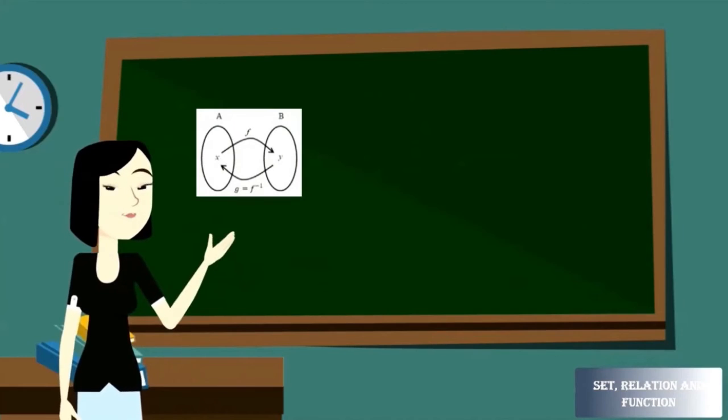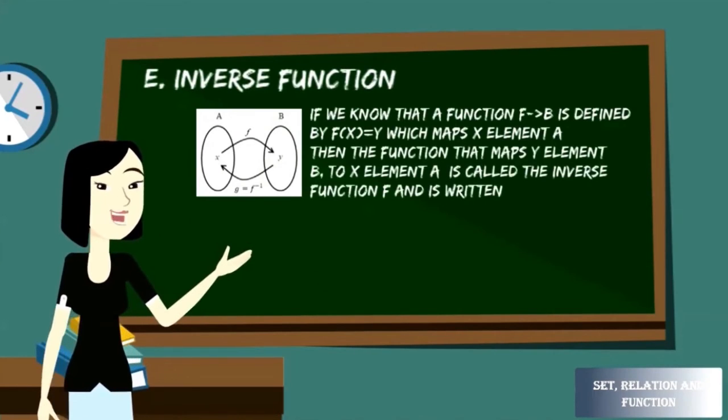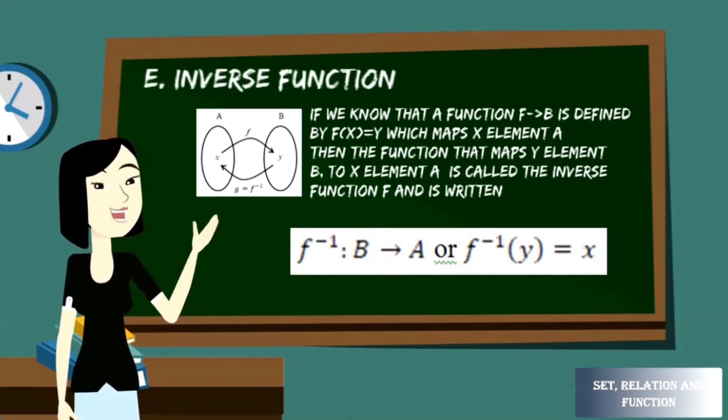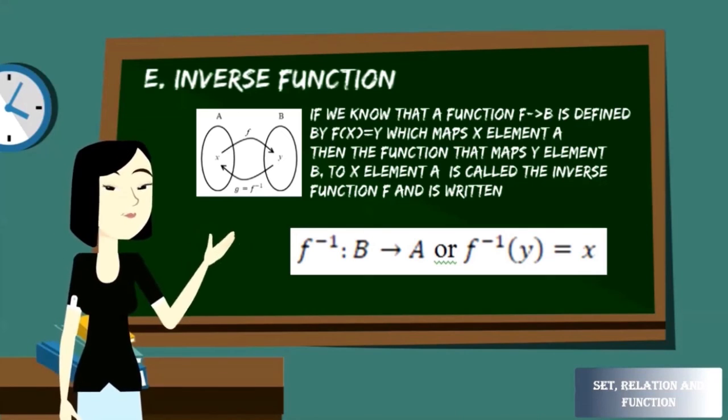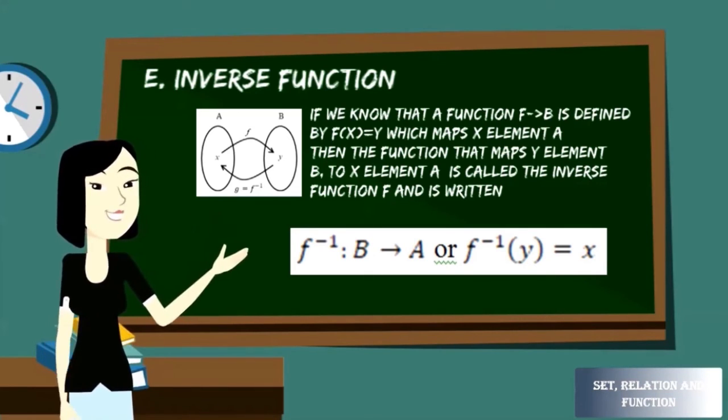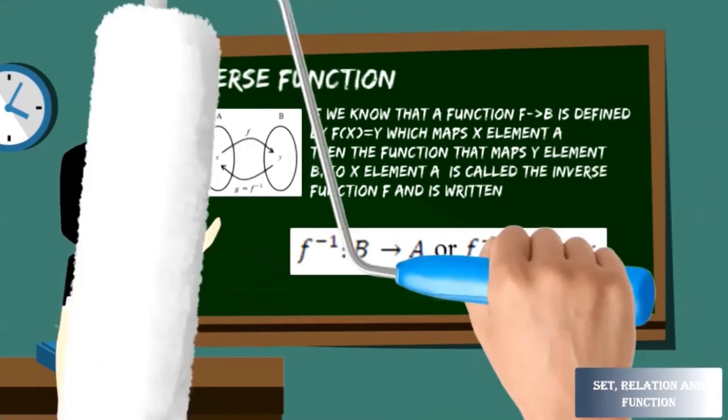Inverse function. If we know that a function f from A to B is defined by f(x) is equal to y, which maps x element of A, then the function that maps y element of B to x element of A is called the inverse function of f, and it is written like this.